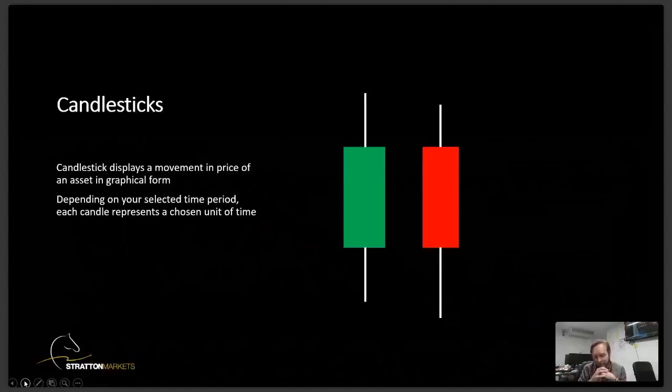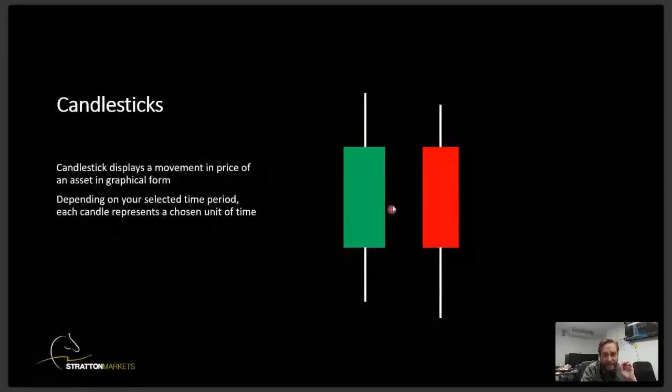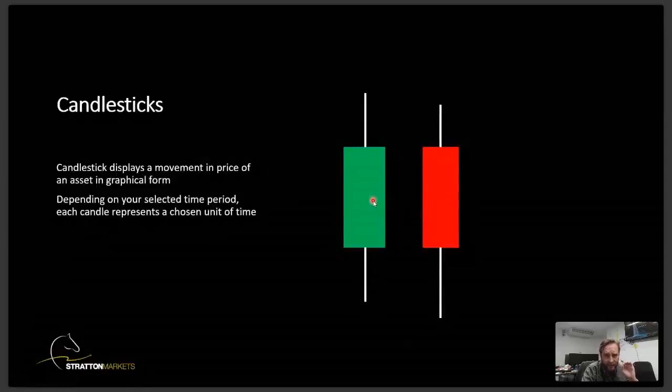So, for example, if you set your chart to 30 minutes, each candle, i.e. these, let me get my pen, i.e. these, will represent 30 minutes. If you selected 1 hour, then each one of these will represent 1 hour of time.